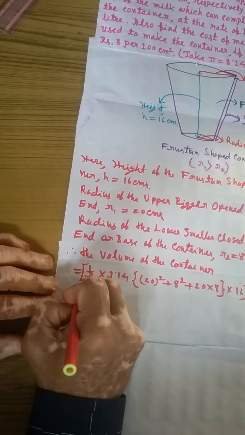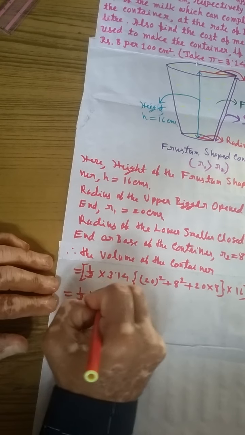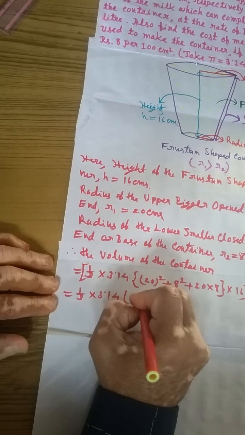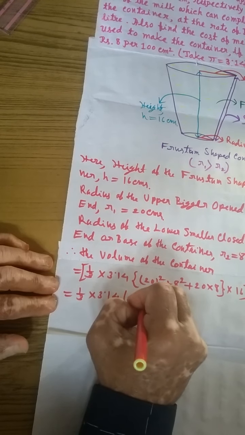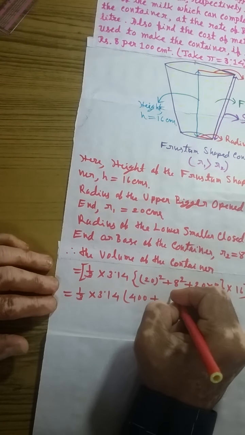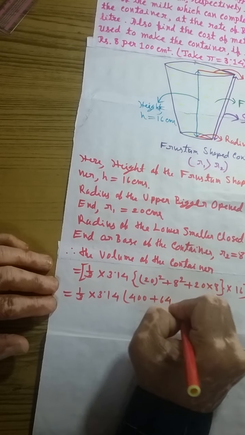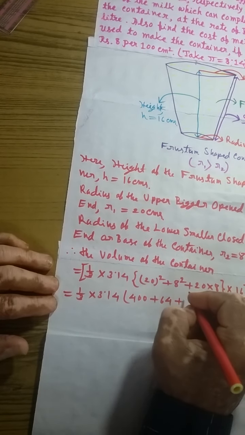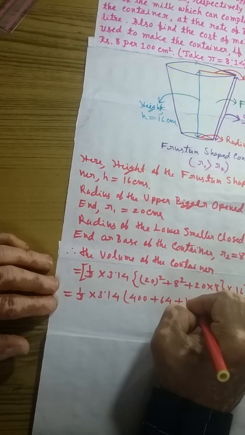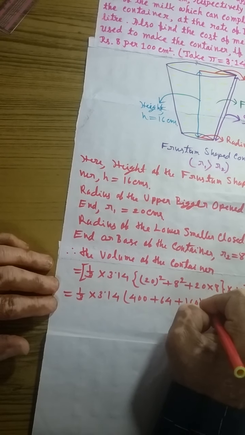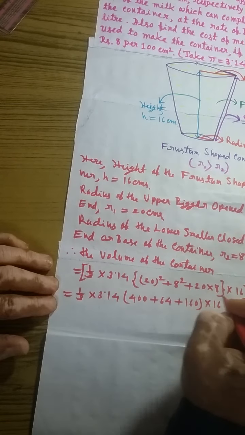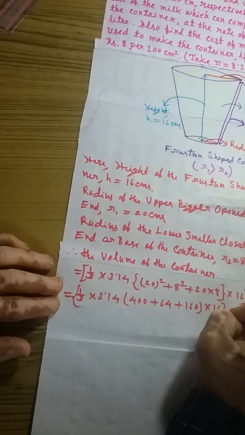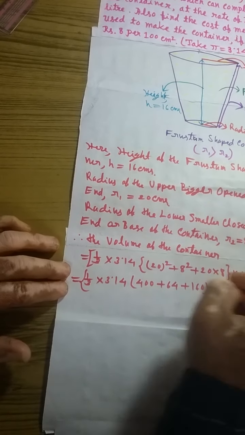This is again equal to 1 by 3 into 3.14 into square of 20, 400, plus square of 8, 64, plus if we multiply these two terms, we will get 160, into 16. The unit will be centimeters cube.